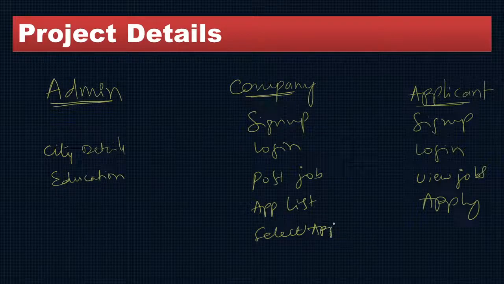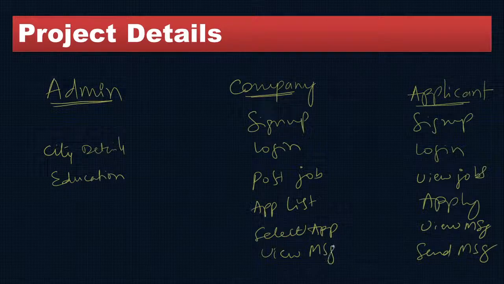Once you select the applicant, you can get a message, so there is a view message option. In case some communication is required, you can also provide send message. Here also we can provide view message and send message. Therefore, any applicant can communicate with the company.